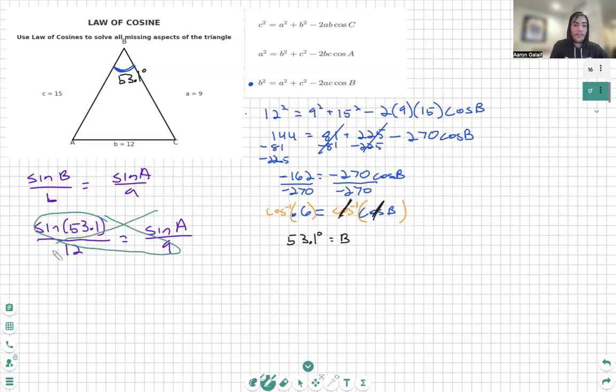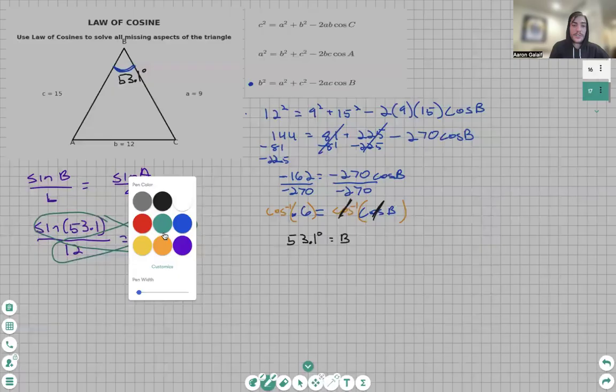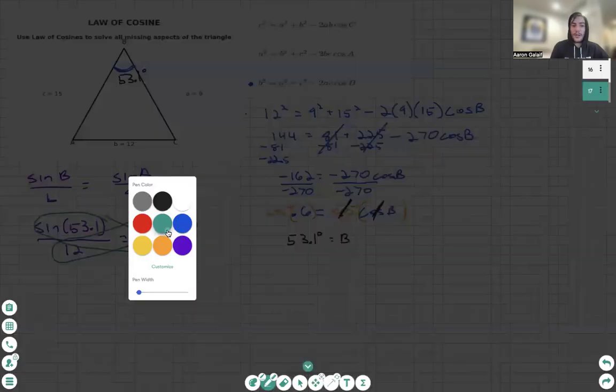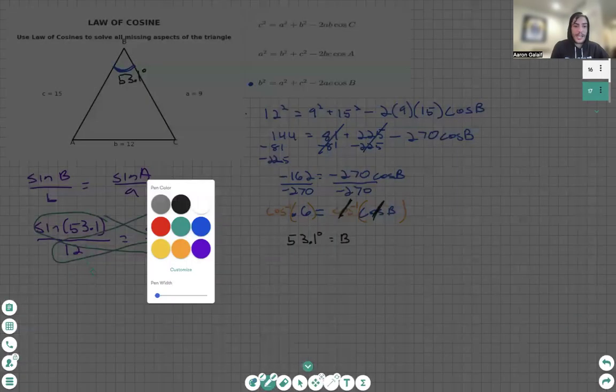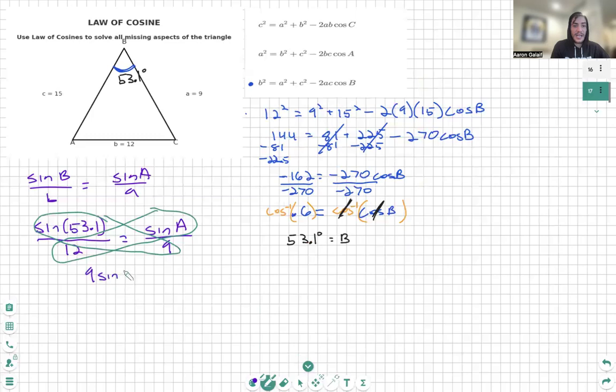At this point, we're going to cross multiply. So we're going to draw our bubbles and multiply the bubbles, set them equal to one another. So what we see here is we get 9 sine 53.1 equals 12 sine of A. Well, I'm going to divide both sides by 12.